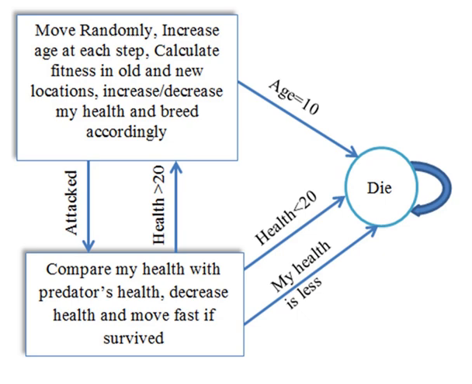Repeat these steps until your age is 10. Here I'm assuming that the iteration life is only 10. And whenever attacked, compare your health with the health of the predator. If your health is better, you manage to escape, but decrease your health. Else, you will be eaten and die.